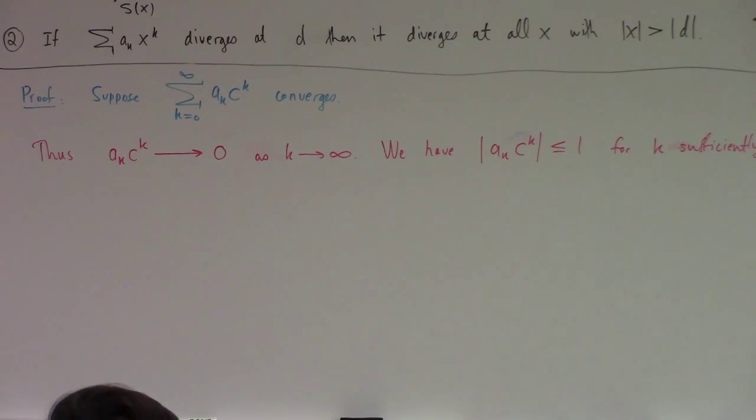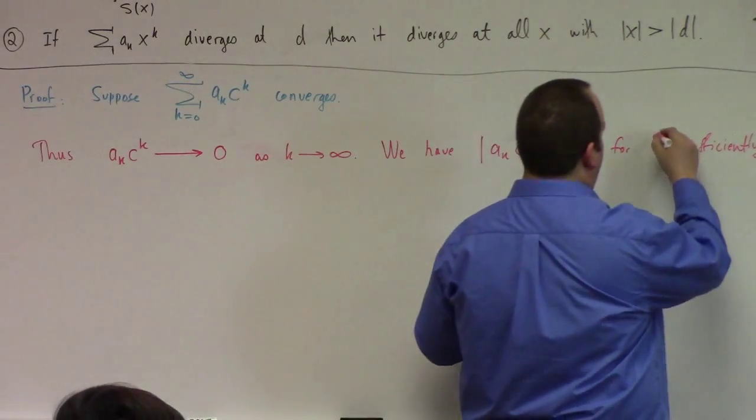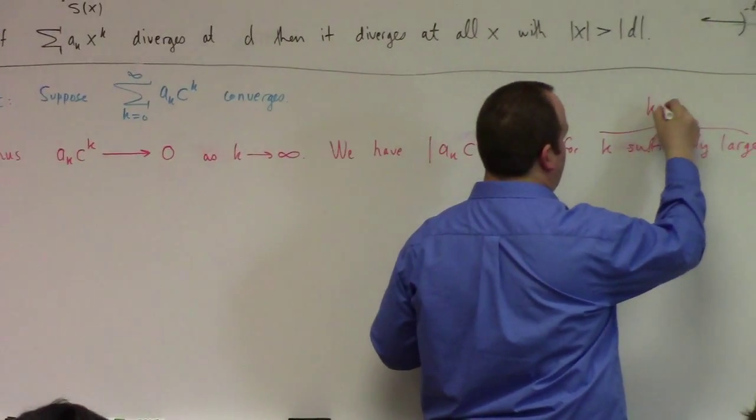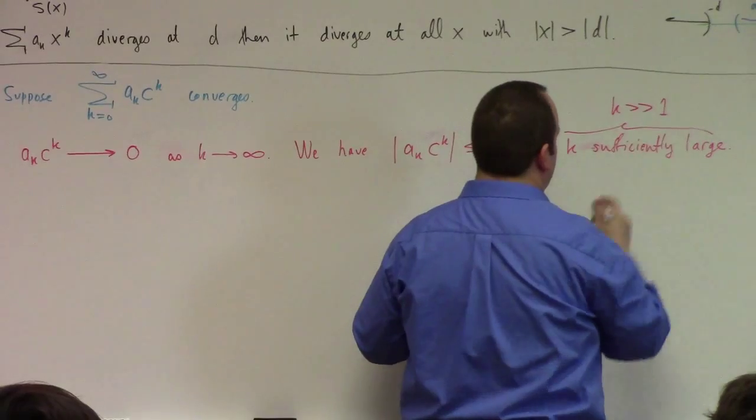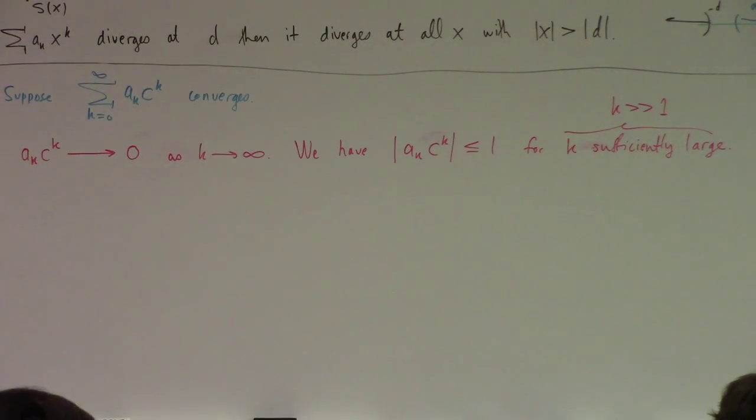So saying "for k sufficiently large" and spelling it out, we just do, like, for k greater than some number. I have introduced a shorthand, k much greater than 1. Something like that is fine. Anyway, I won't ask you to prove this, so don't worry.